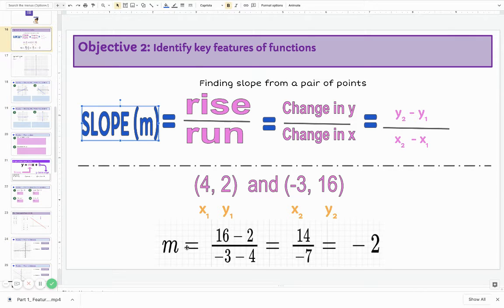M, which is slope, is equal to y sub 2, which is 16, minus y sub 1, which is 2, over x sub 2, which is -3, minus x sub 1, which is 4. So 16 minus 2 is 14, -3 minus 4 is -7, and we can simplify that to be -2. Or you could say -2 over 1. That's also the same. So that would be your slope.